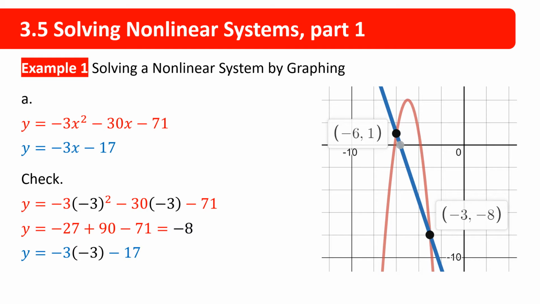And for the line, when we plug in -3, we're going to get 9 minus 17. We'll come up with -8 again. So -3, -8 is a point on our graph. We're using the graphing technology to produce these parabolas and lines, and then we're just confirming the results by plugging in our values.